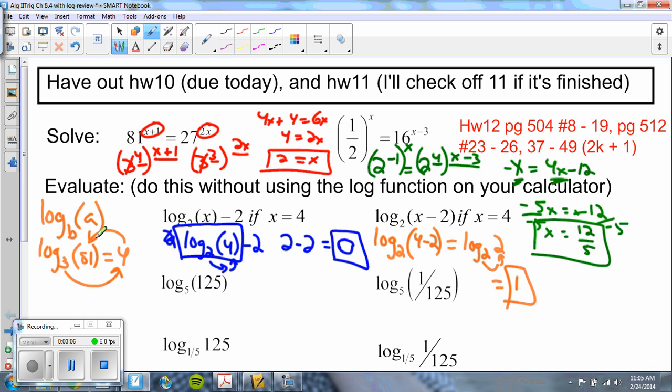Are you telling me what log base 5 of 125 is? It's 3. Because 5 to the 3rd power is 125. So Nick, were you the one on the right? Okay. And how'd you get negative 3? Log 5 over 1. And then negative 3.